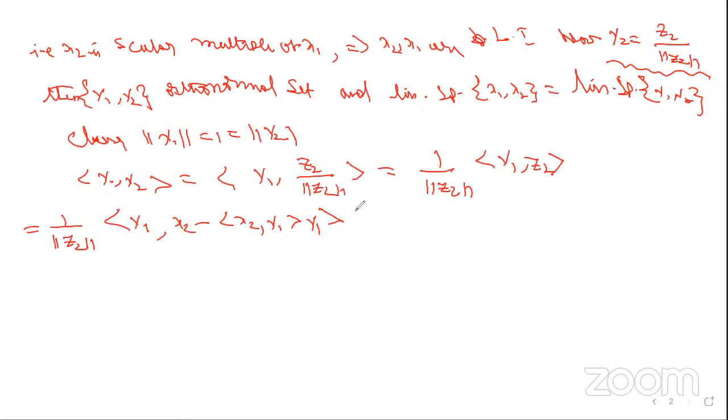This is equal to 1 by norm z2, as it is, inner product of y1 comma x2, minus conjugate of inner product of x2 comma y1, into inner product of y1 comma y2, within the set symbol.